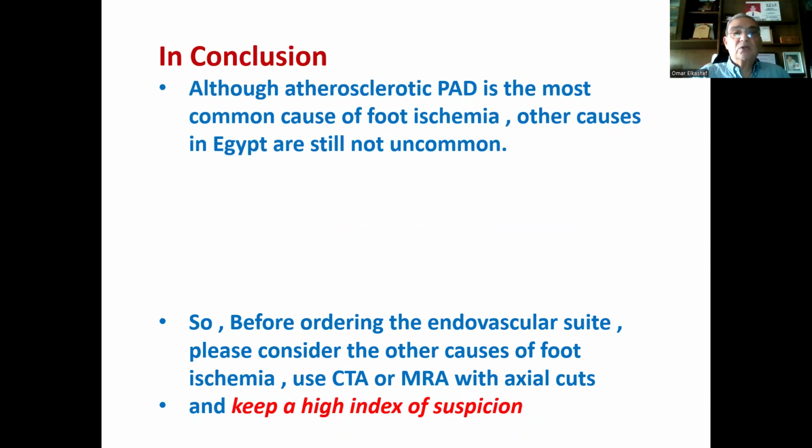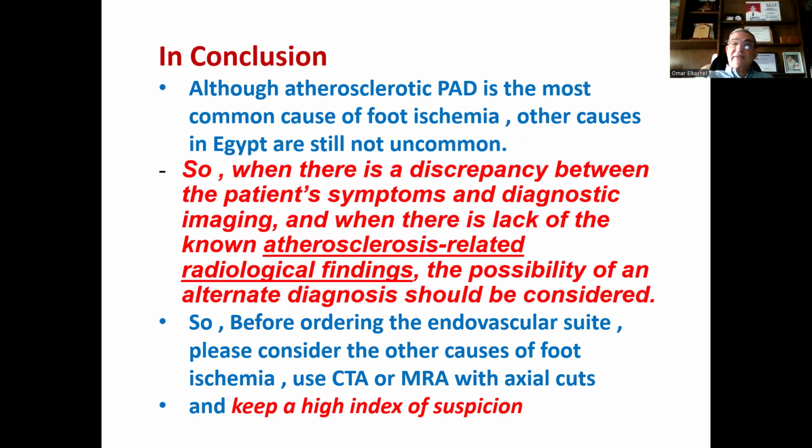In conclusion, although atherosclerotic peripheral arterial disease is the most common cause of foot ischemia, other causes in Egypt are still not uncommon. So when there is a discrepancy between the patient's symptoms and the diagnostic imaging, and when there is a lack of known atherosclerosis-related radiological findings, the possibility of an alternate diagnosis should be considered.